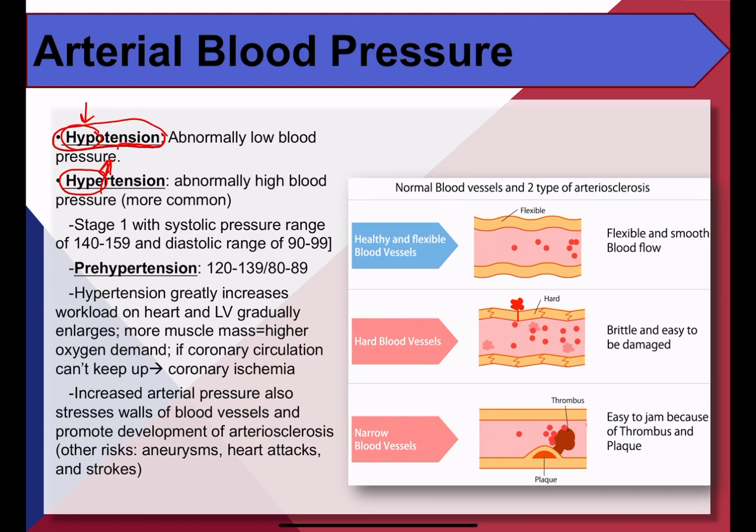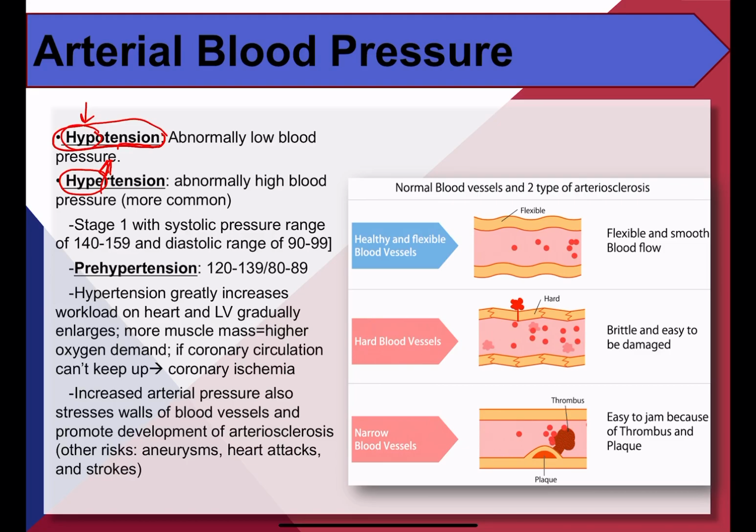Usually the systolic pressure ranges from 140 to 159 for hypertension, and the diastolic pressure would range from 90 to 99. Now, usually the incidence of hypertension is more common than hypotension, unfortunately.